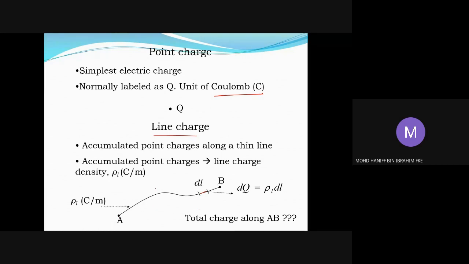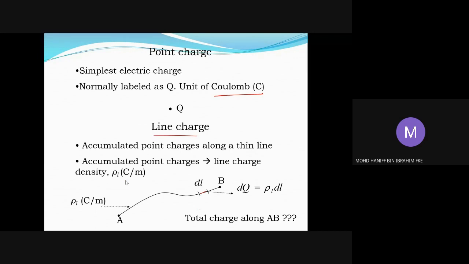On this particular line, there are a lot of point charges accumulated on this line structure. So line charge is produced from a group of point charges in the form of a line.